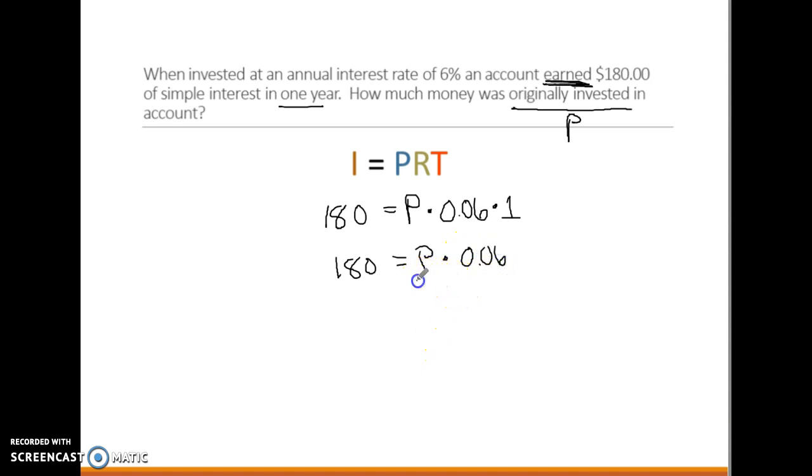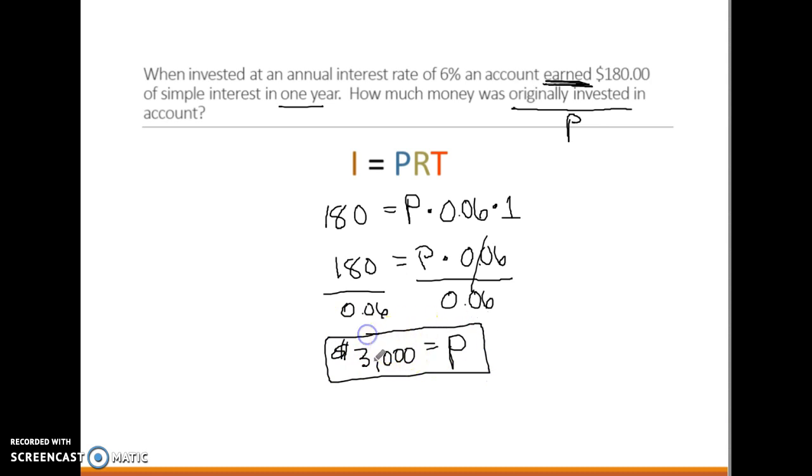To solve for P, you simply divide both sides by 0.06, and you find that the principal, the amount you invested to begin with, comes out to be $3,000. So 180 divided by 0.06 comes out to be $3,000.